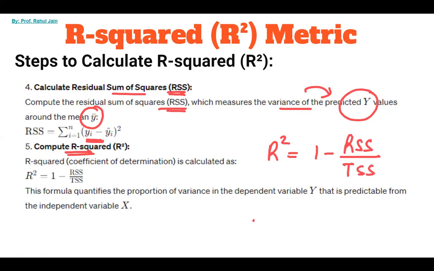Now, if the R squared value is 1, it means it is a perfectly ideal condition where the model is predicting ideally. Everything is okay, 100% accuracy, you can say. And if the R squared value is 0, it means it is not predicting the things, but is only giving the values around the mean value, right? Okay.